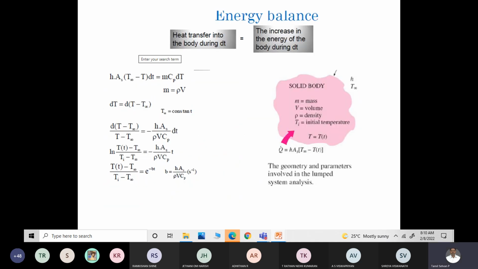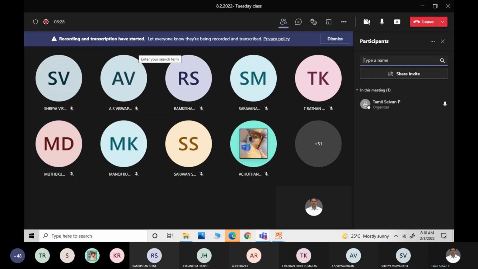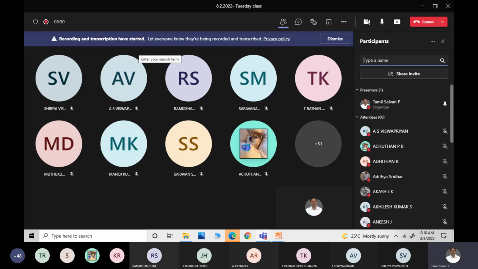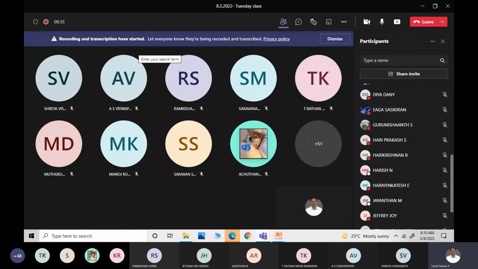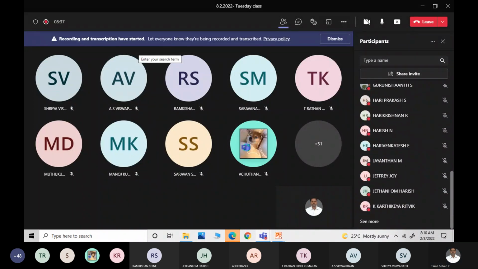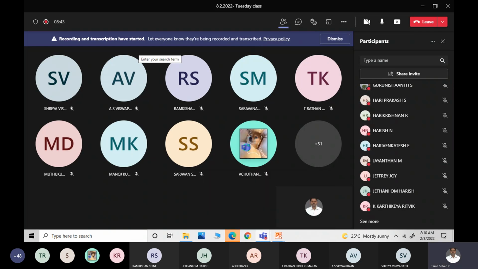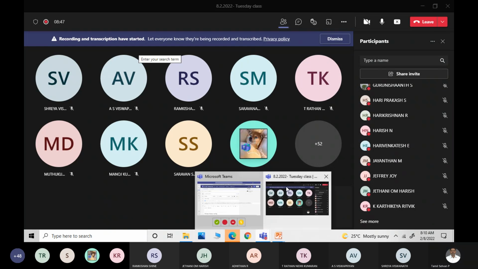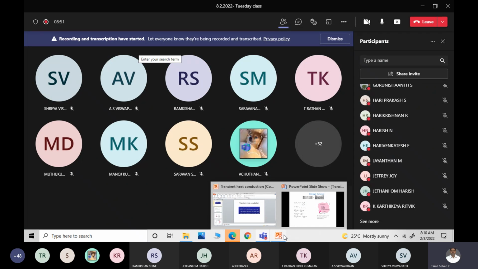What year did you do some problems and all? No one knows it? Vishwapriyan, Aditya, Harikrishnan, Kartikeya, Ritvik. What is a lumped system? All of you are there or not? Hello? Yes, sir. Only one or two are saying.